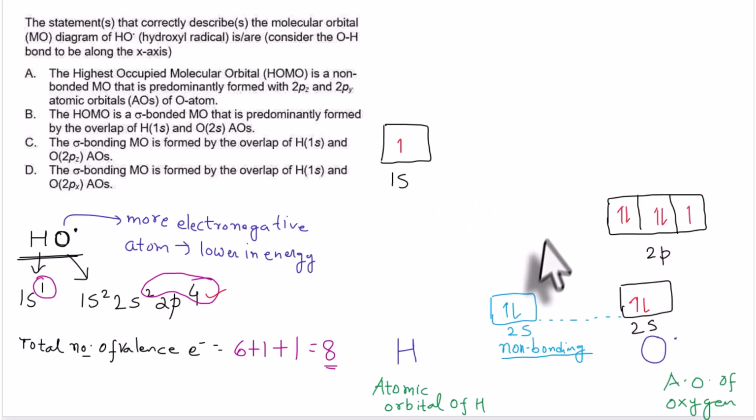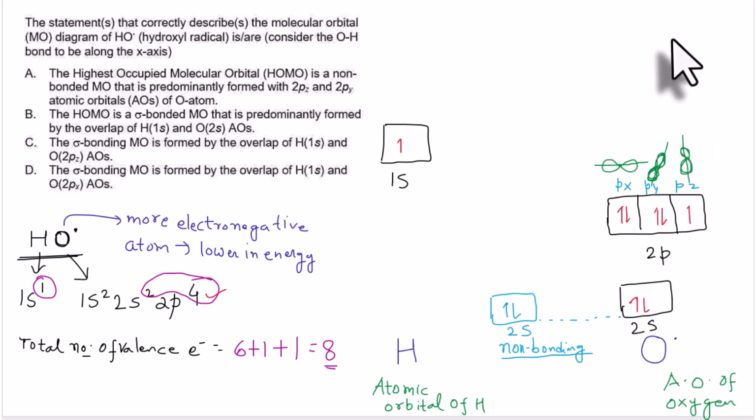This 2p and 1s can overlap, because it is said that we consider the OH bond to be along the x-axis. So we can consider 2px like this, this is the axis, and then 2py something like this, tilted one, and 2pz is something like this.